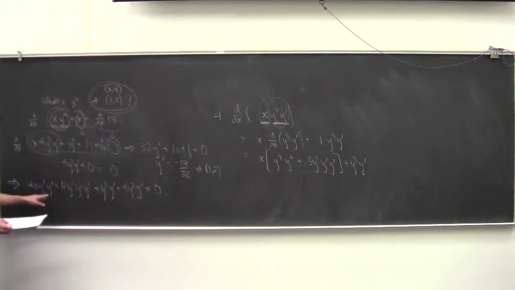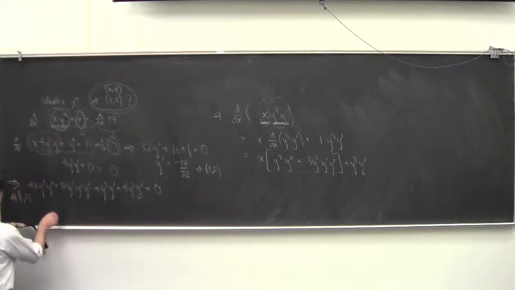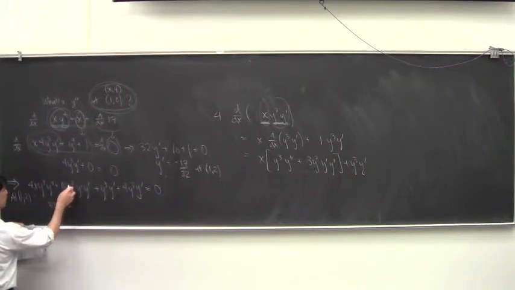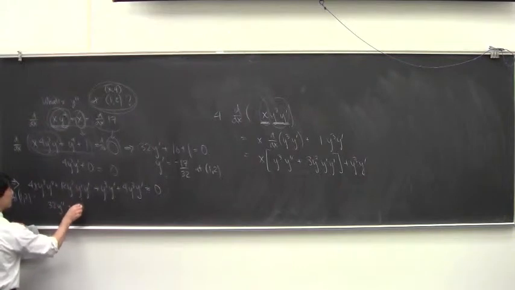Okay, again, plugging things in, at 1, 2 you get 32 y double prime plus 48, right? 4 times 12 is 48.